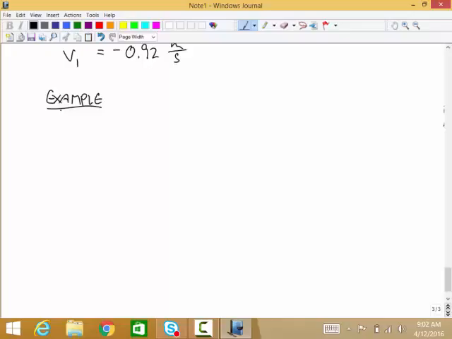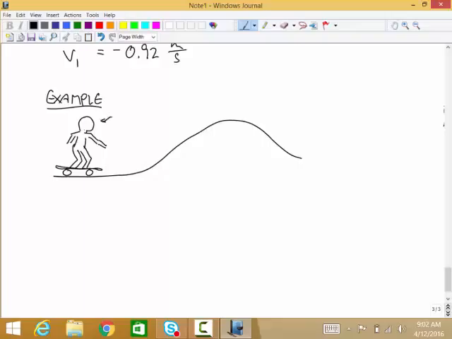All right, so here's the next one. Kid on a skateboard. Let's say the mass is 20 kilograms, and he's going this way.